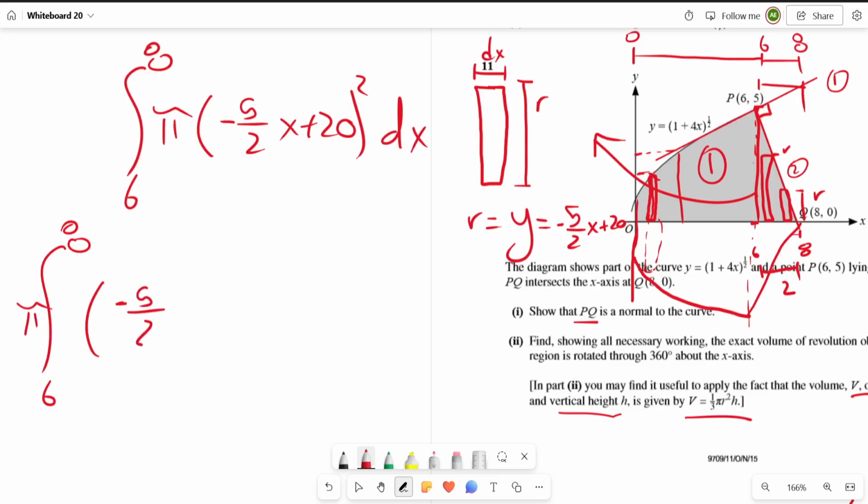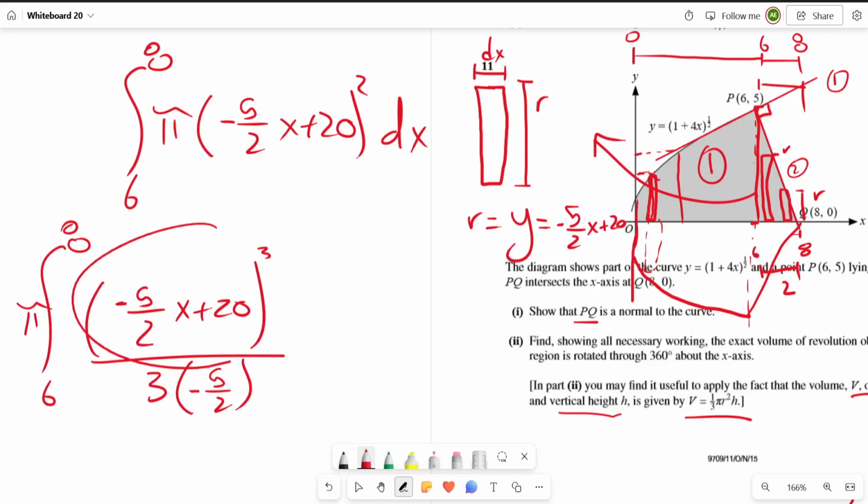So negative 5/2 x plus 20, all to the power of 3, over 3. And then I'm going to divide by the differentiation of what is inside. The differentiation of negative 5/2 x is negative 5/2, so when I divide this whole thing by negative 5/2, it jumps to the denominator. And the differentiation of 20 is 0. So that's it.